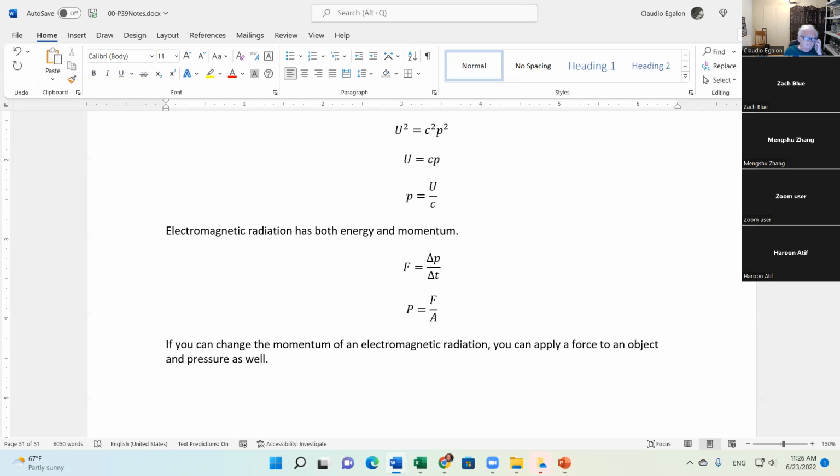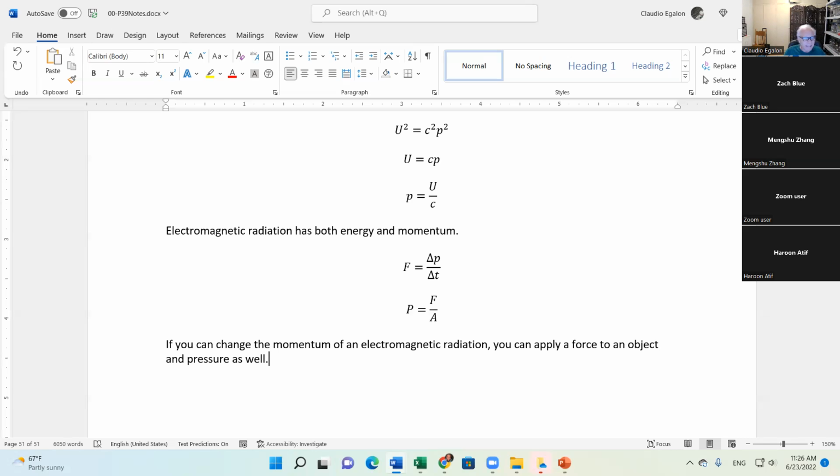So one way to change the momentum of electromagnetic radiation is by getting a mirror. Think about light incident on a mirror. Light propagating toward the mirror has momentum in one direction. The moment that the mirror reflects the light, the momentum of the radiation changes.